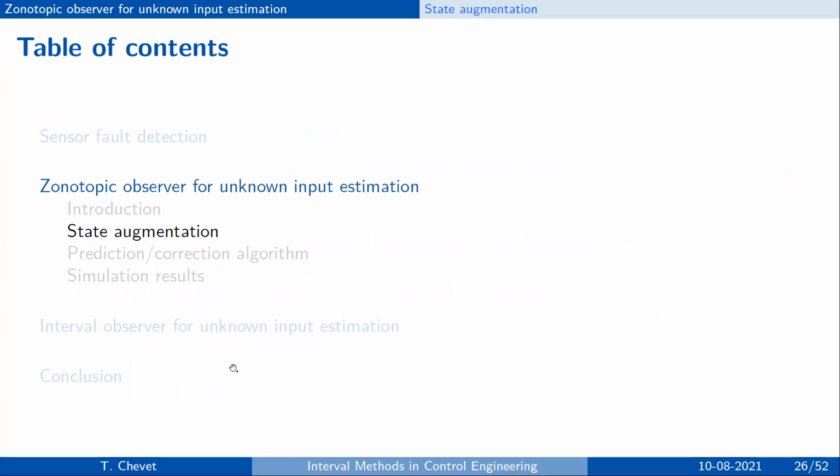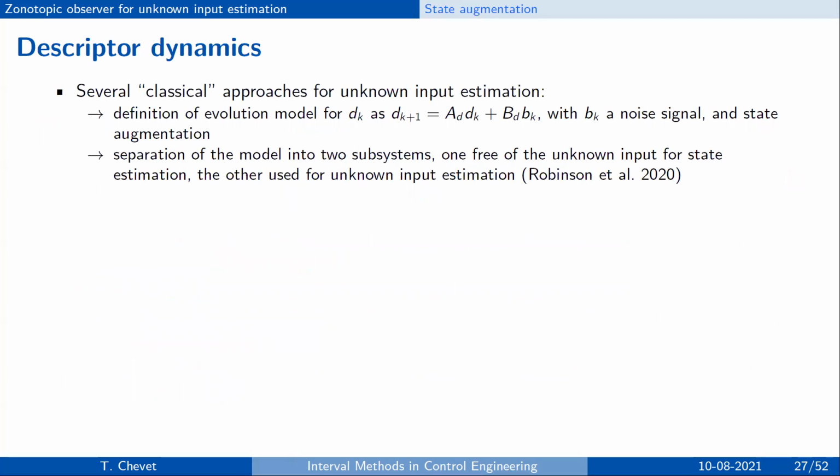And then we need a strategy to estimate both the state and the unknown input. In the literature, we find several approaches. Some define an evolution model for the inputs, with a source of uncertainty, which is a problem, as I said at the beginning of this part.